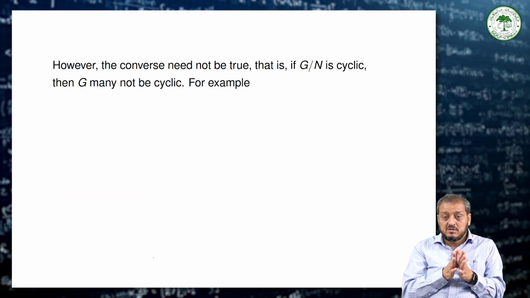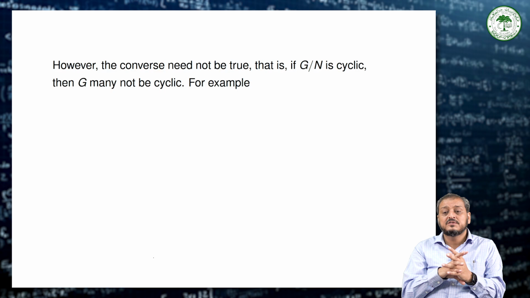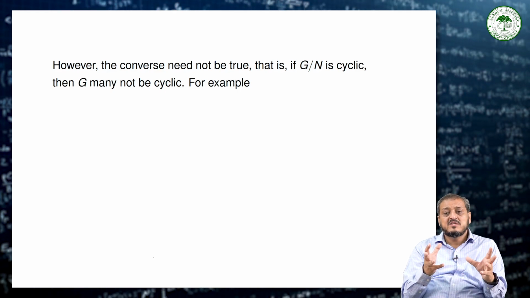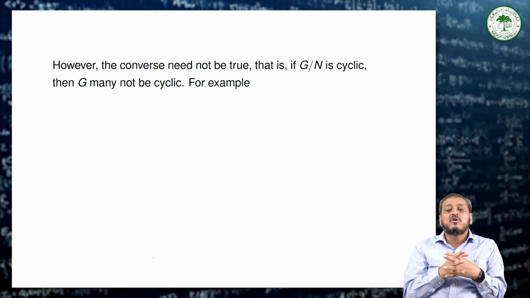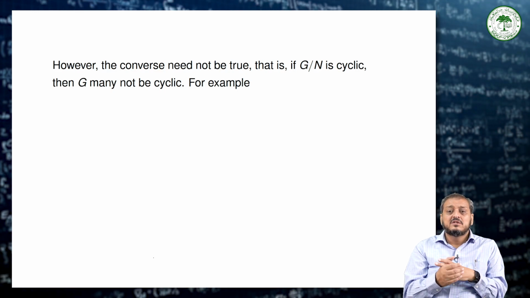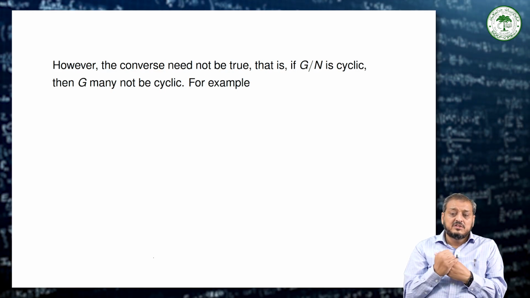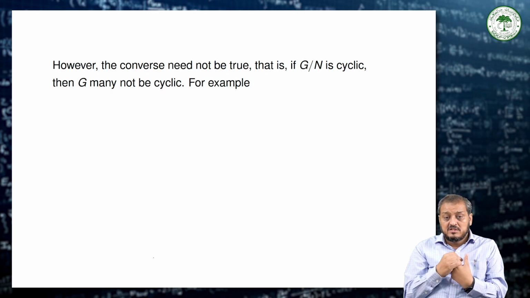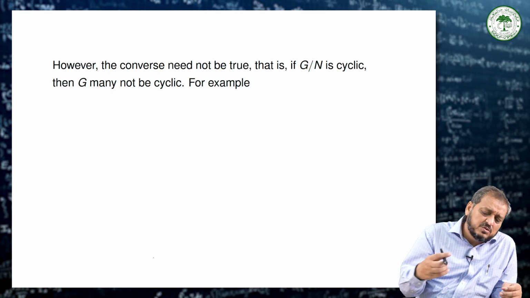The converse need not be true in general. That is, if G/N is cyclic, then G may not be cyclic. So we have to find an example where G/N is cyclic, but G is not cyclic. I will use the same example.